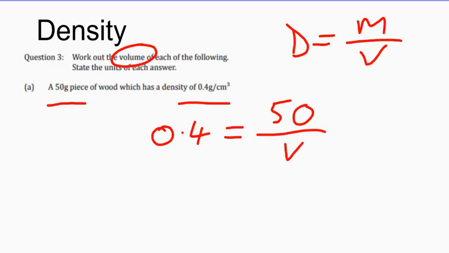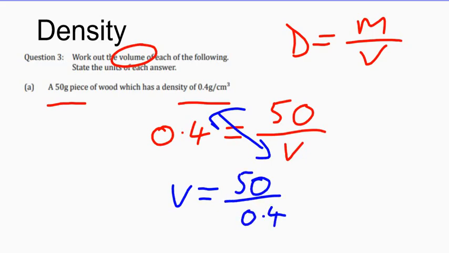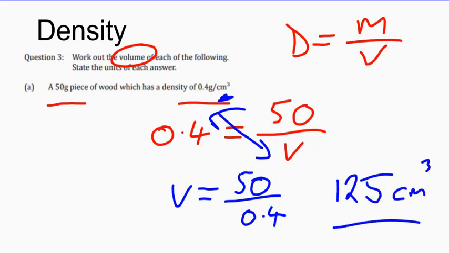Remember what we do here? Effectively, we just swap these two bits around. So the volume will be 50 divided by 0.4, which, use your calculator, equals 125. That's the volume, and that's going to be centimetres cubed. There you go. Now, see if you can manage the rest of the questions.